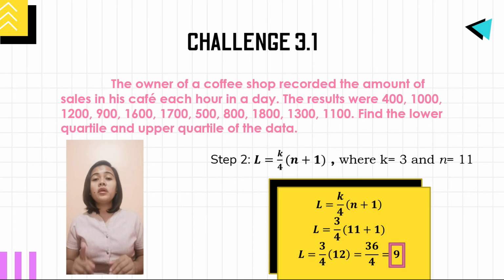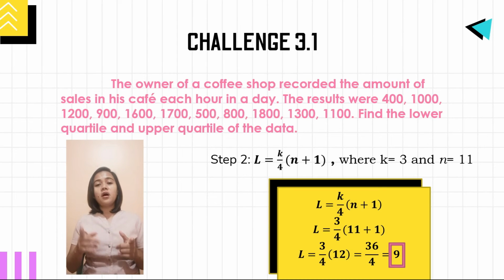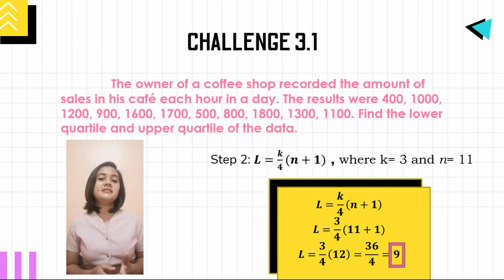Now this time, since we're looking for the upper quartile or the Q3, we have K equal to 3, and n the same, 11. Now, substituting that, we have L is equal to 3/4 times the quantity of 11 plus 1, that is 12, times 3 over 4, which is 36 over 4, that is, the location is on the 9th place.